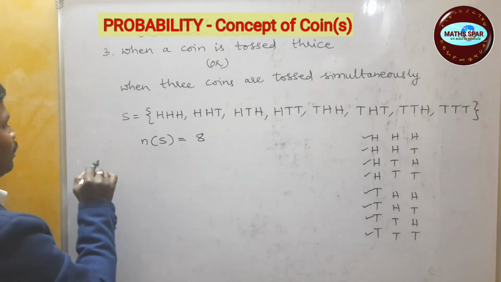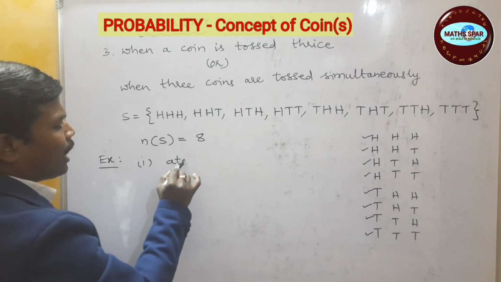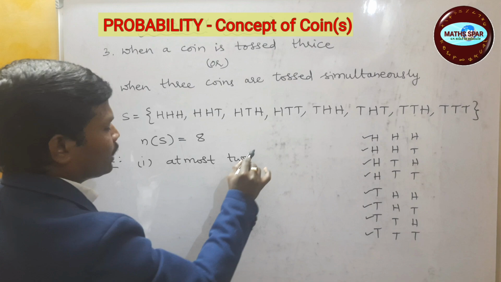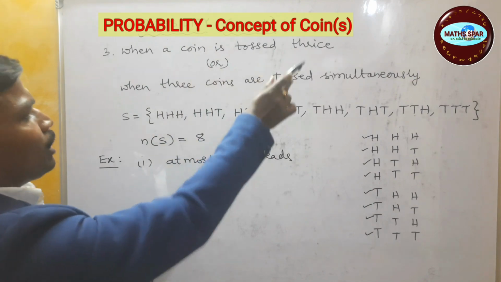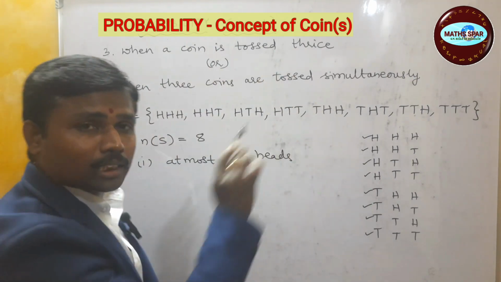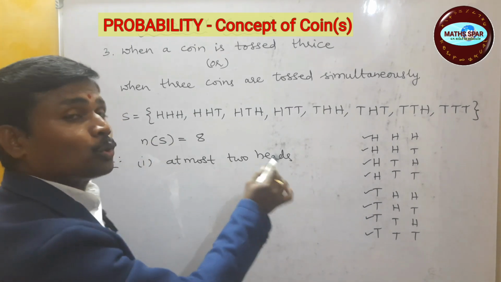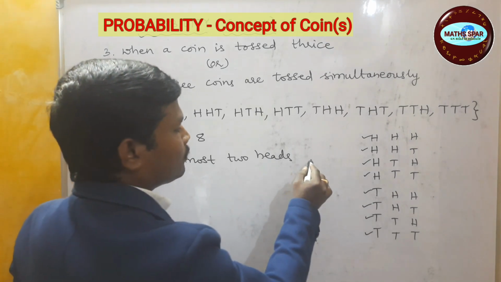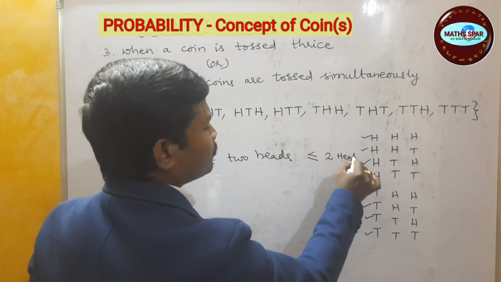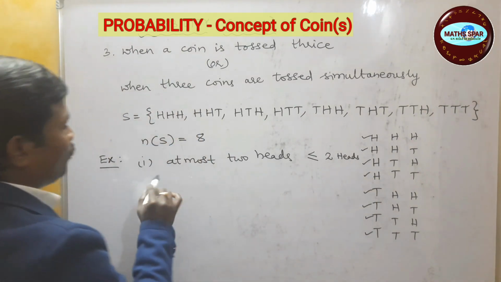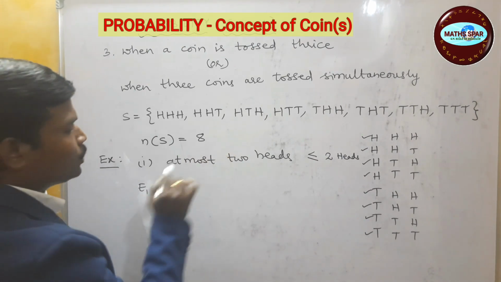Now from this, if a question is asked, when a coin is tossed thrice or when 3 coins are tossed simultaneously, what is the probability of getting at most 2 heads? At most 2 heads means less than or equal to 2 heads. So the maximum number of heads should be only 2.